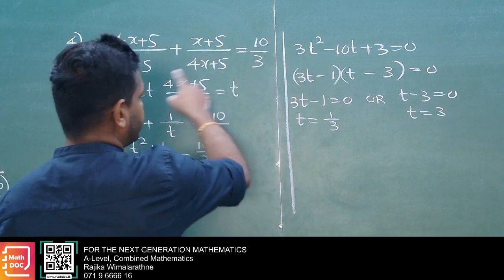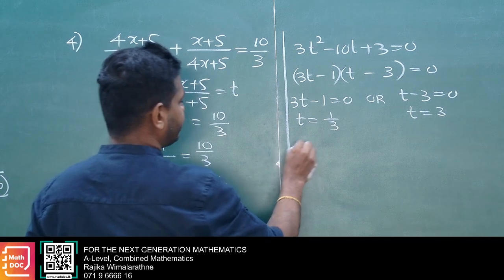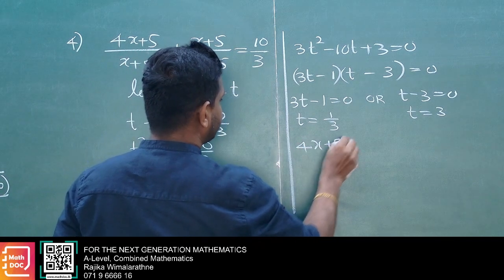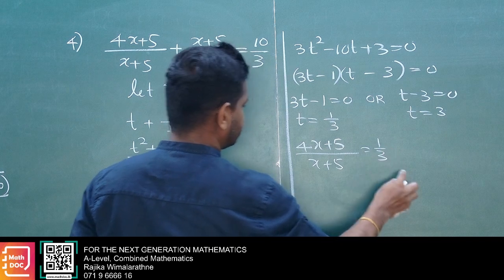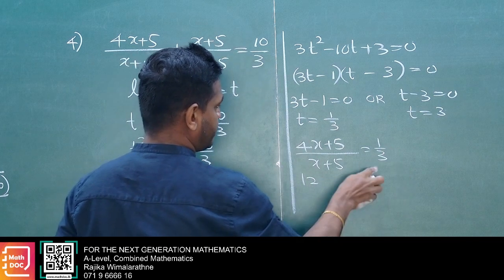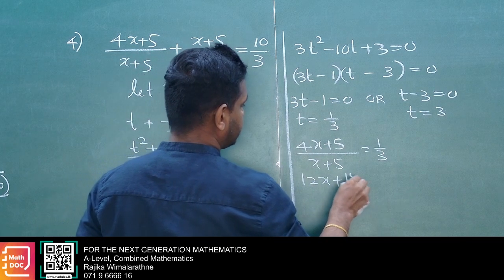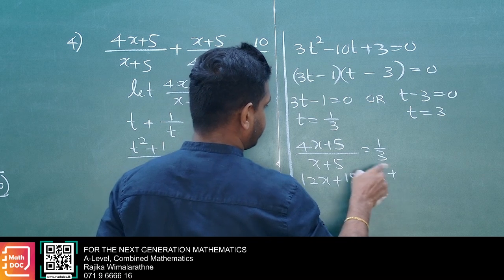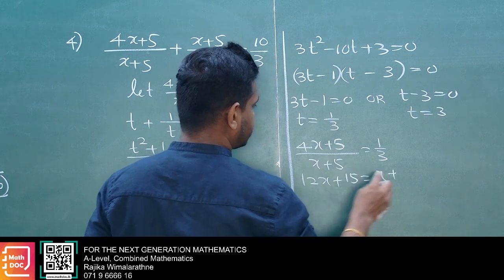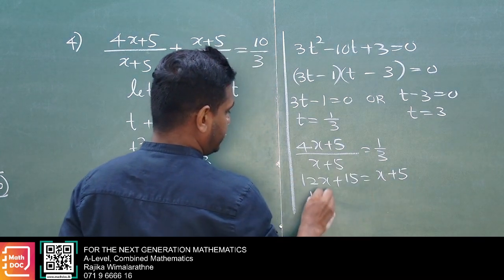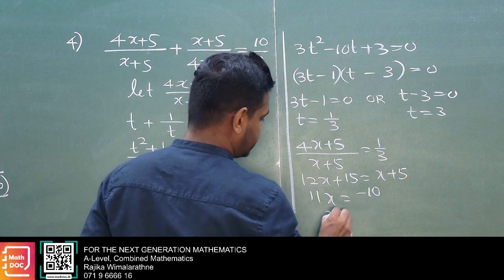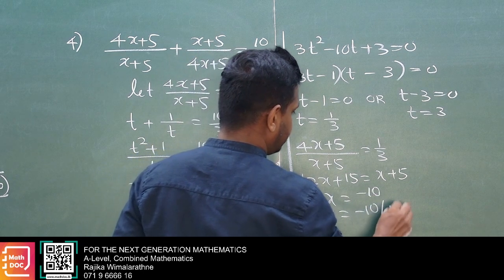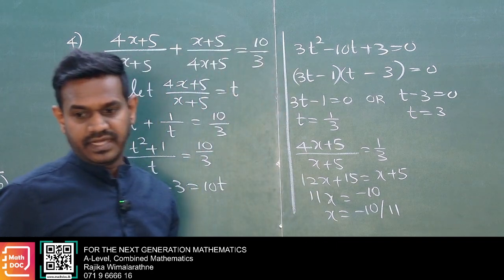Then we know t, put it here: (4x + 5)/(x + 5) = 1/3, cross multiply: 12x + 15 = x + 5. Here 11x equals minus 10. Then the possible x value is minus 10 divided by 11.